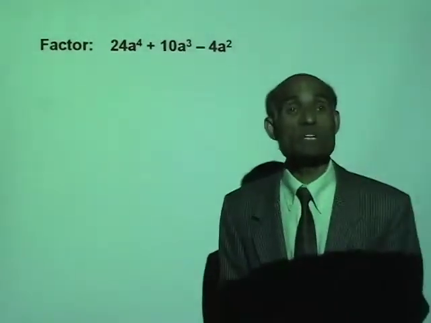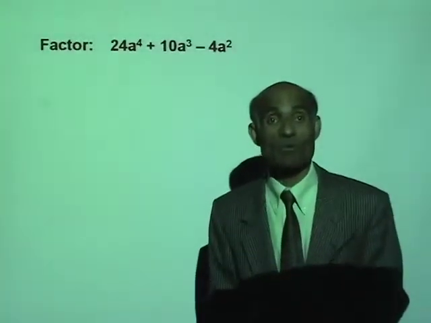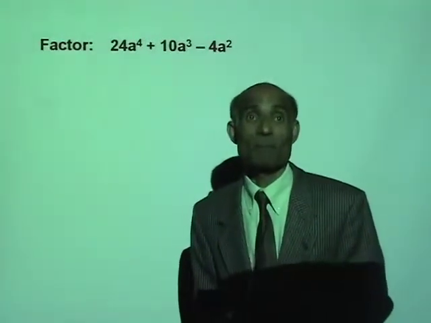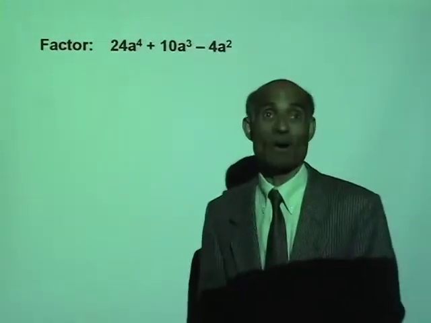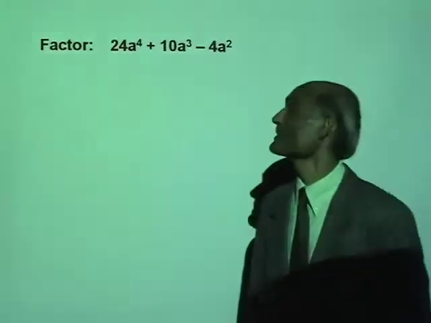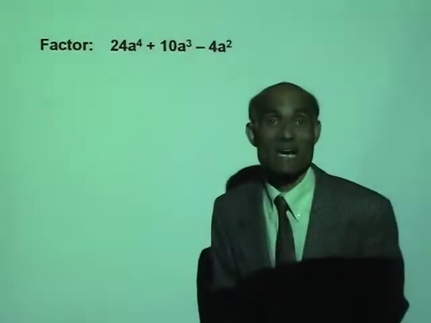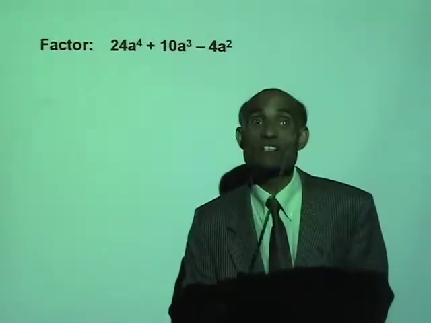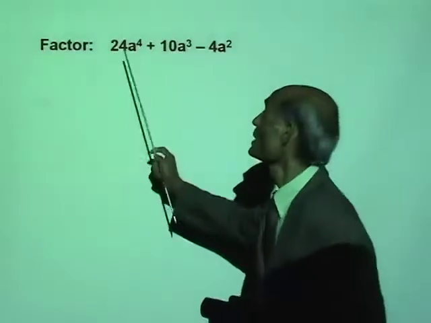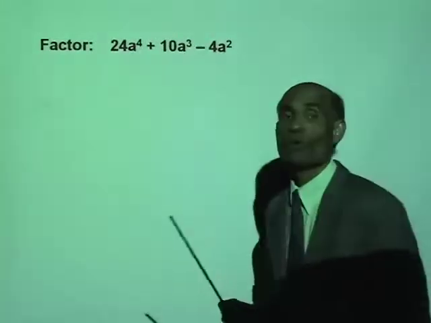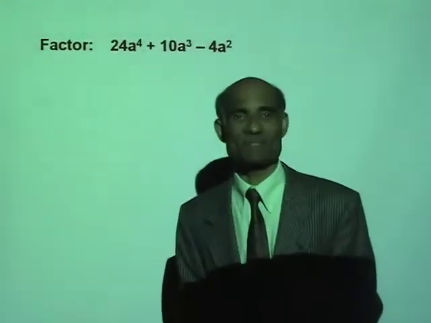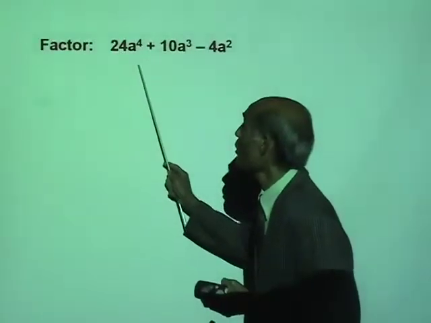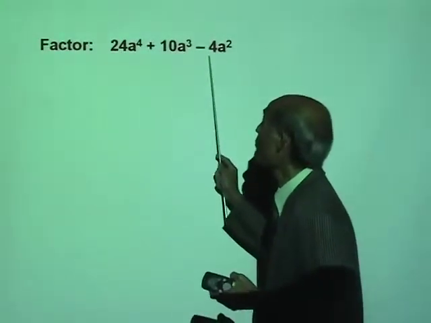Factor 24a to the power 4 plus 10a cubed minus 4a squared. Okay, what do you see here? First of all, you must see there is a common factor in all the 3 terms. What is that common factor? First of all, look at the numbers. 24, 10 and 4.